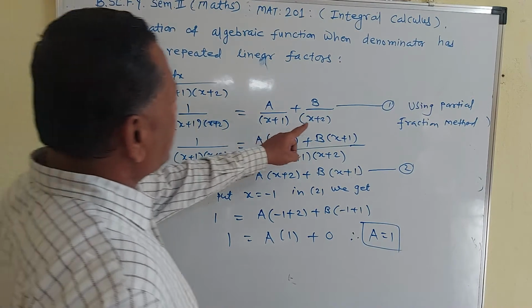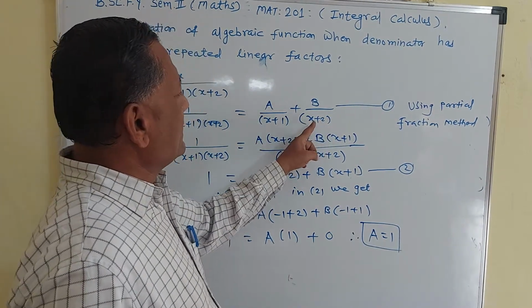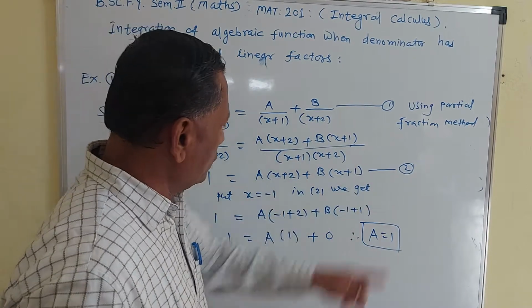Again, you put x is equal to minus 2, that is x plus 2 is equal to 0, means x is equal to minus 2 in equation 2.